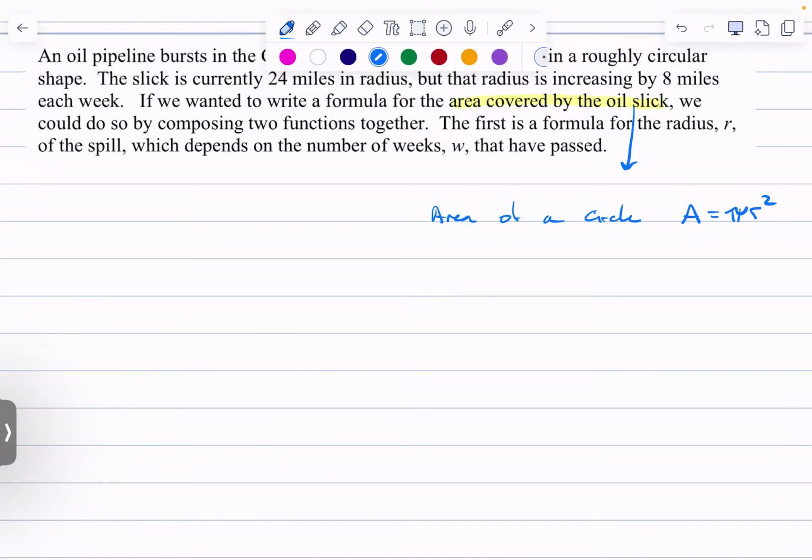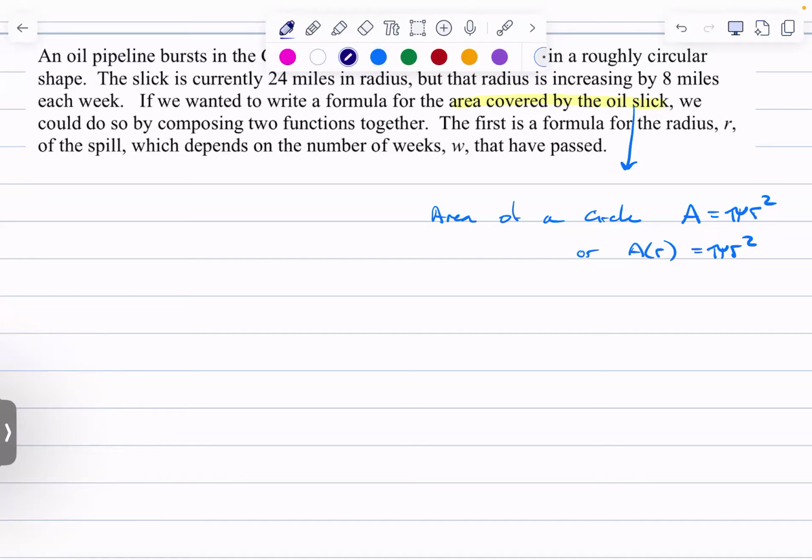What's a fancy way that you could write the area of a circle? Area depends on r, so it takes some input r. So really you could rewrite this as A of r is pi r squared. But then r depends on w, the number of weeks that have passed.